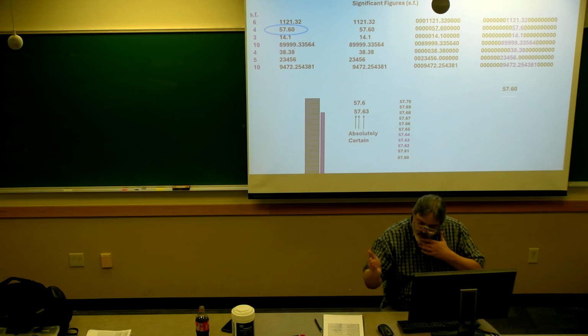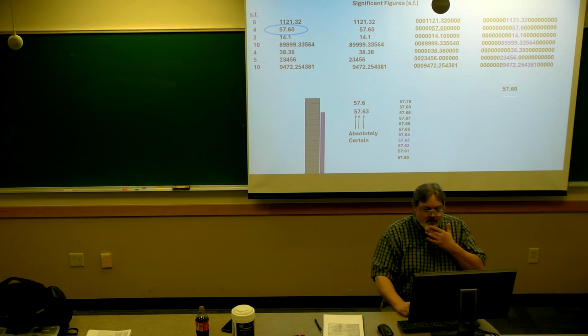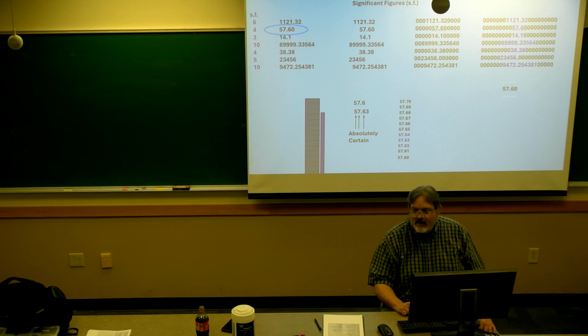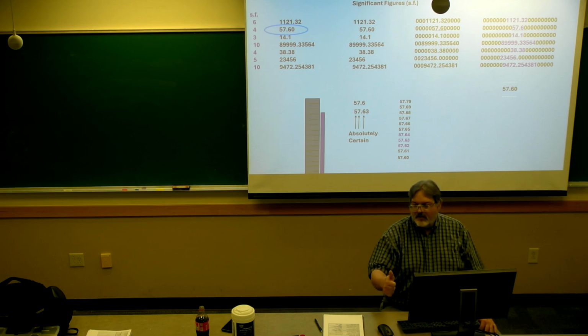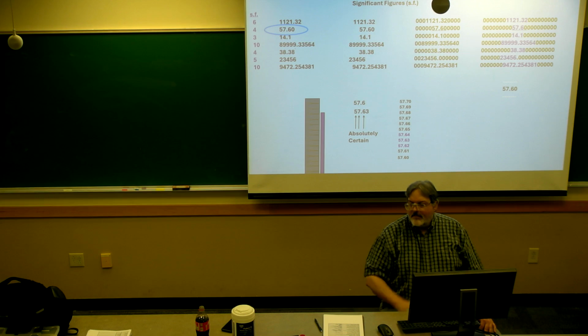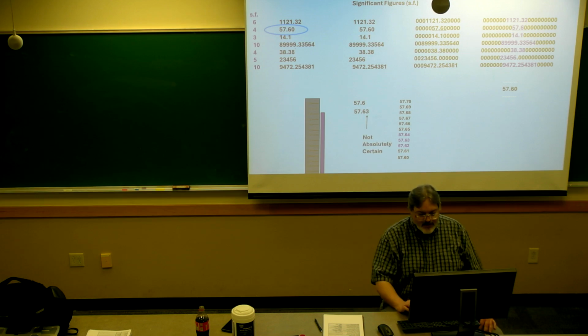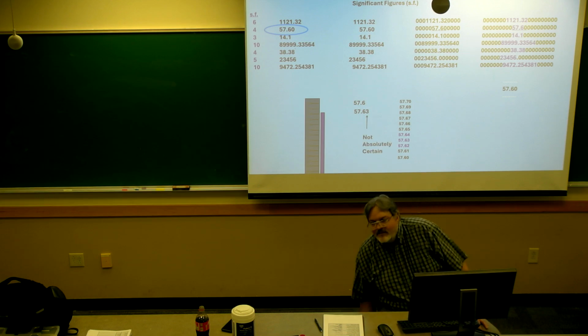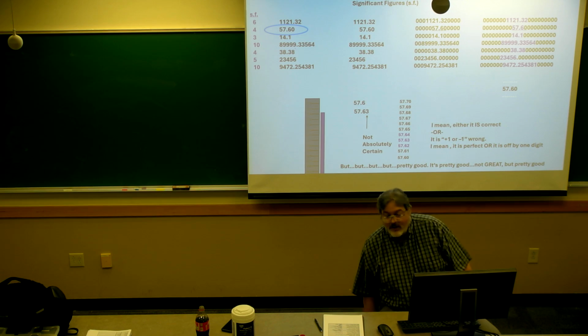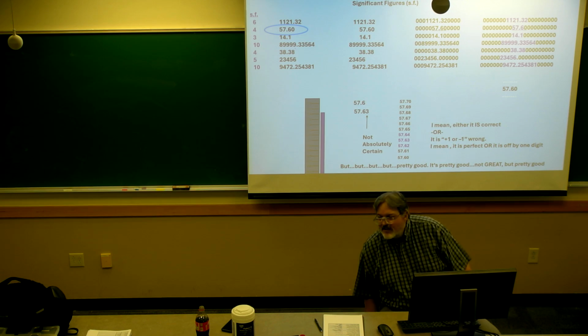So again, those first 3, when I first brought the ruler up and I said, it's definitely 57.6, at least that much is 100% correct. So this part of the number is absolutely certain. The only part that really has any uncertainty in it is that last digit that we estimated. But it's not terrible. We didn't just randomly choose a digit. You see what I'm saying?